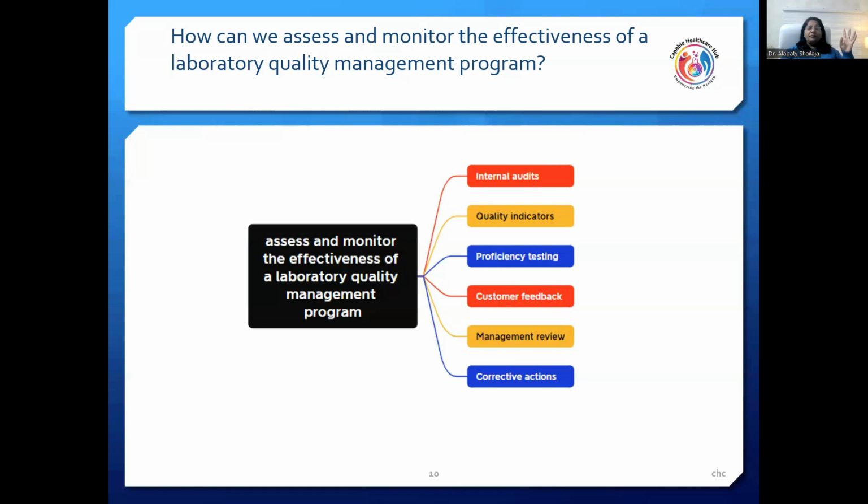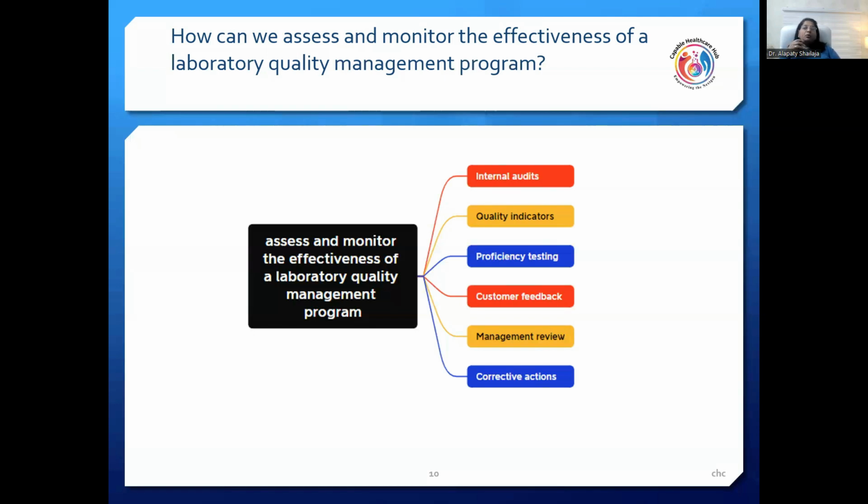So let's go in with the internal audits. Internal audits, remember, should be conducted only by a person who is trained to audit. What does training mean? He should undergo training as to how to conduct an audit.